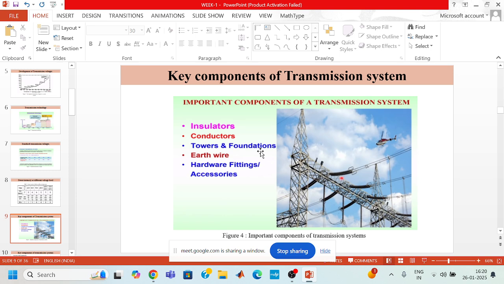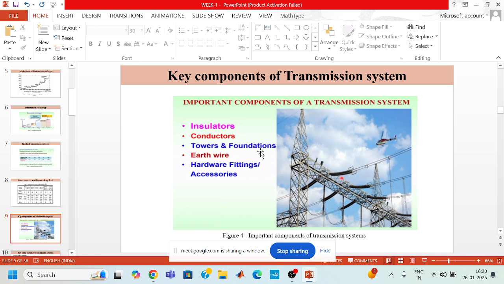So now we will discuss the key components of transmission systems. Basically there are five major key points which are the main components of the transmission system. First is insulators, next is conductors, third is towers and foundations, and earth wires, and last is hardware fittings and accessories.